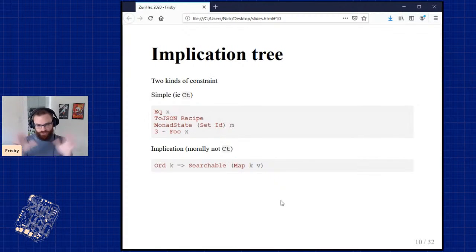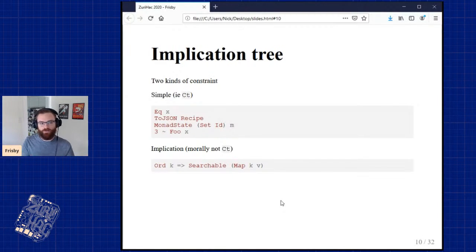So I'm going to talk about just general constraints, and I'll work my way towards discussing what CTs are handed to your plugin. The basic idea for that, and this is relevant to the outside-in algorithm, is this so-called implication tree. So there are two kinds of constraints. There are simple constraints, which are the ones we think of daily, just type class applications and equivalences. And then there's implication constraints, which are anything where it's an implication, right?